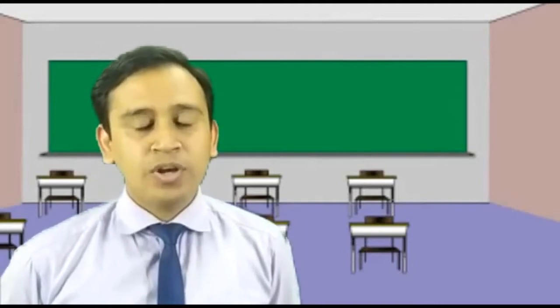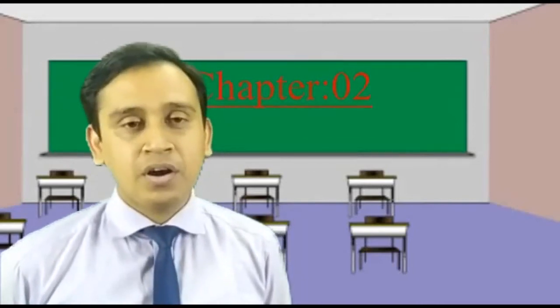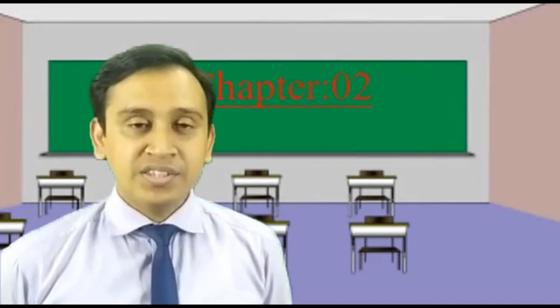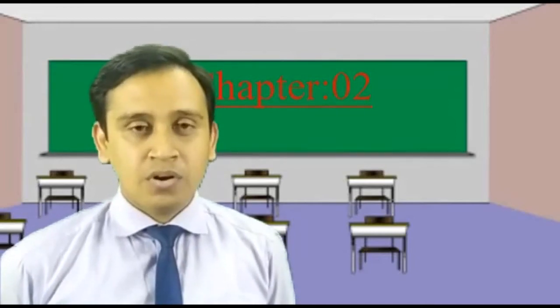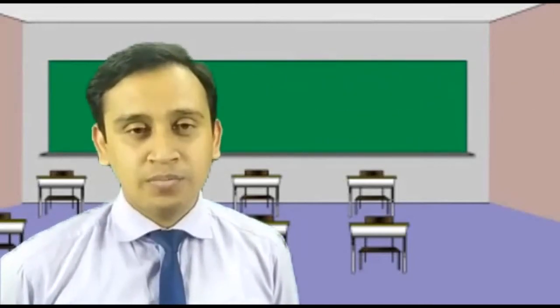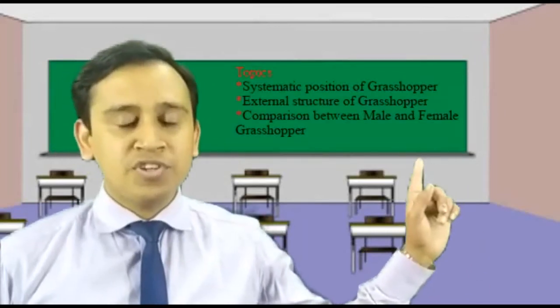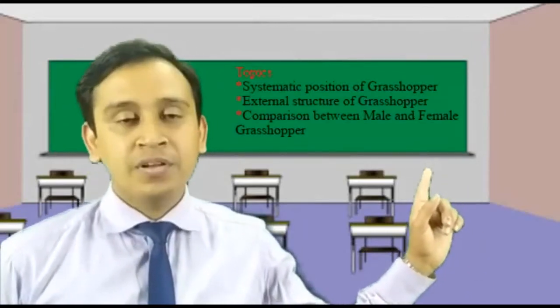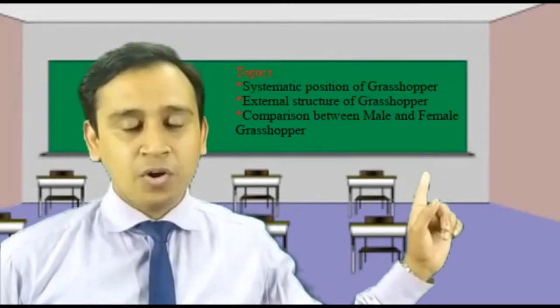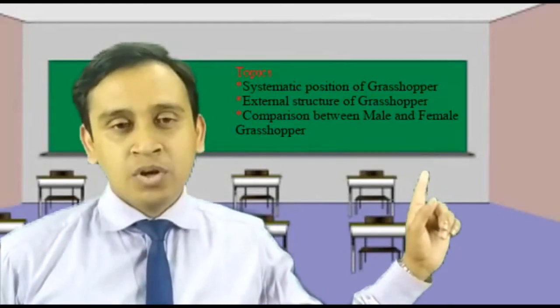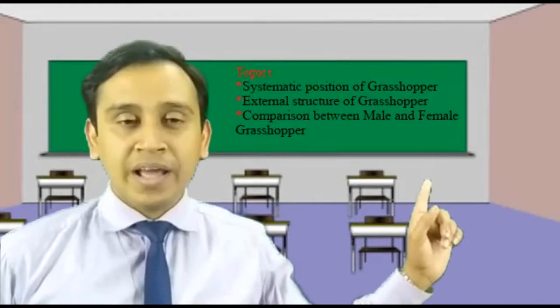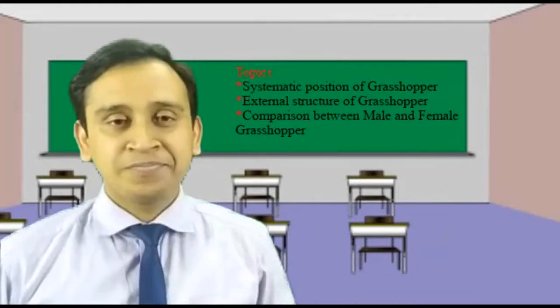From today, we are going to start the new segment of chapter 2, which is Grasshopper. So our today's topics are systematic position of Grasshopper, external structure of Grasshopper, and comparison between male and female Grasshopper.